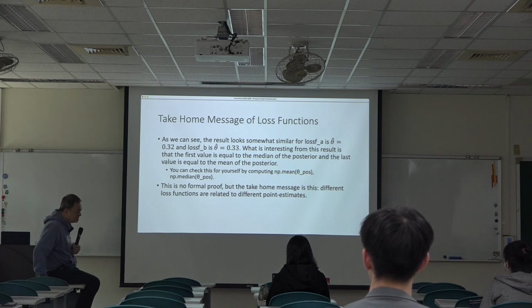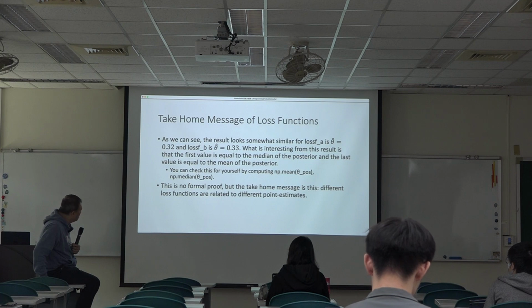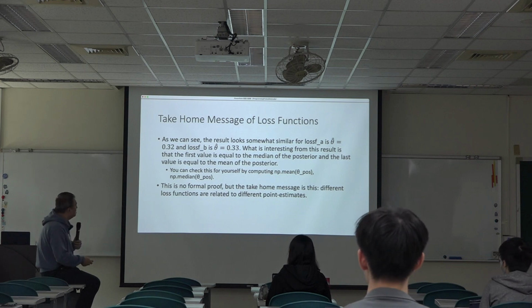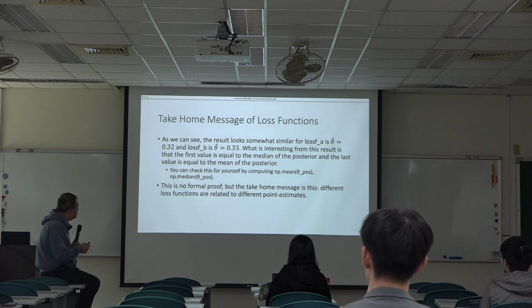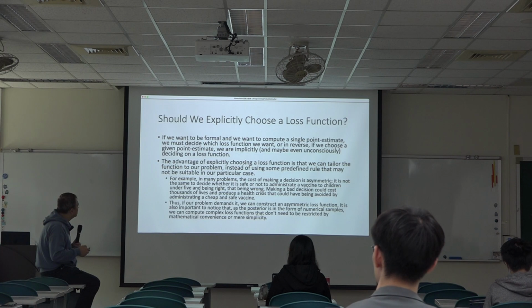And can you prove that the value that minimizes the absolute value loss function is the median? I may give you questions like that in your homework. This is a little bit more mathematics, but you can try to check out if you can do it.